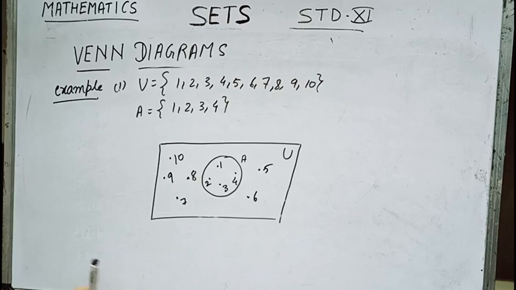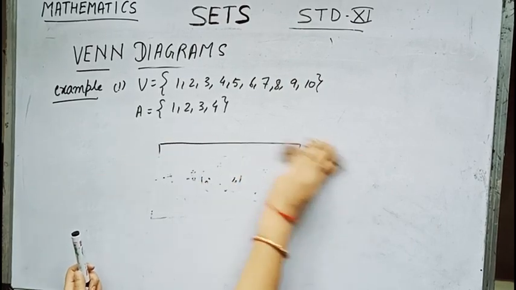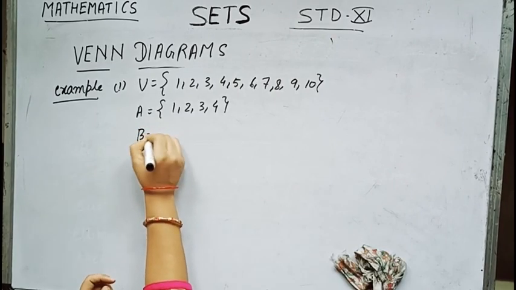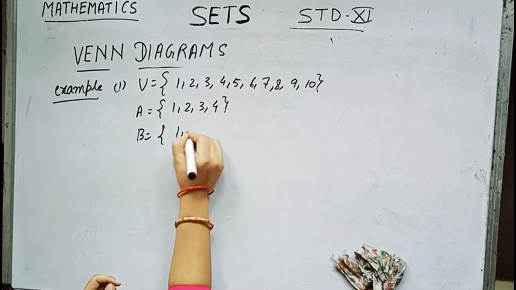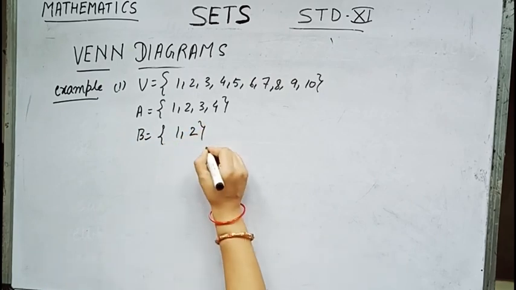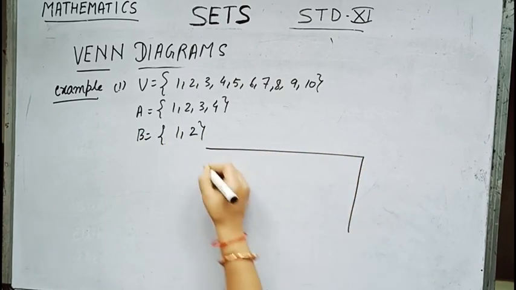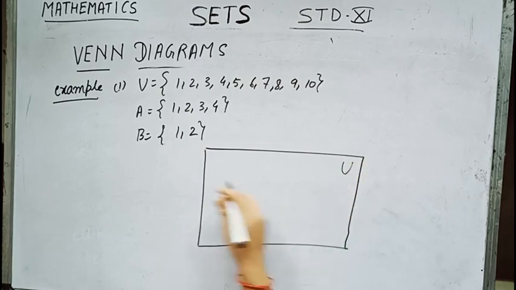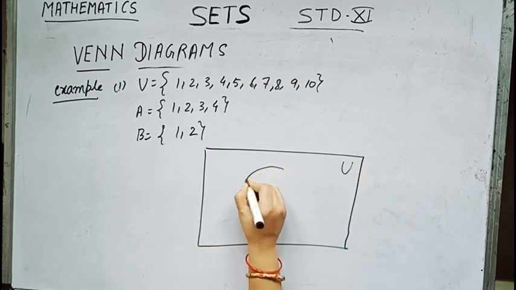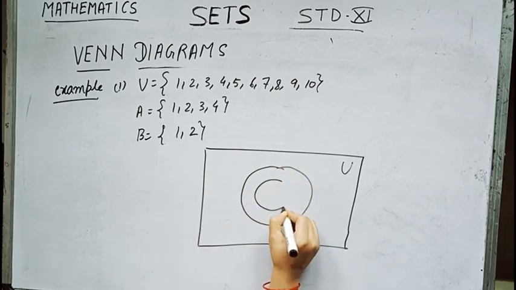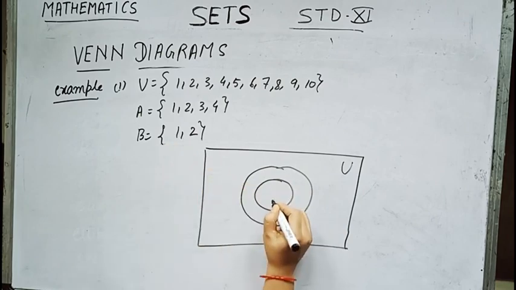In the same example continued, if I take set B equals to, suppose set containing 1, 2 only, then this I can represent with the help of the Venn diagram as universal set. Now set A and set B is contained in A, 1, 2 is contained in A. So I'll mark 2 points over here, 1, 2.